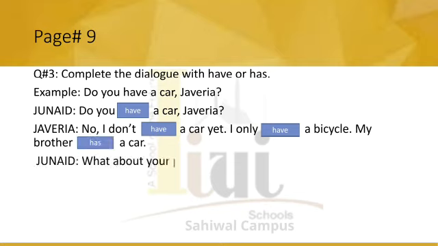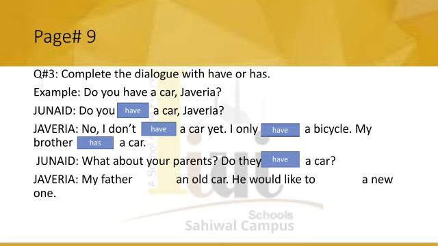Junaid: what about your parents? Do they have a car? Here do is used and they is a plural subject, so think about it, what can we write over here? Yes students, it's have. With plural subjects we will write have.